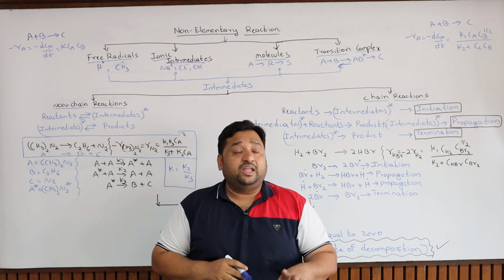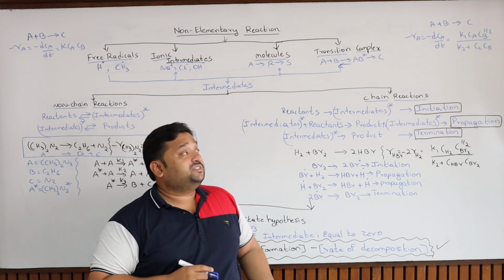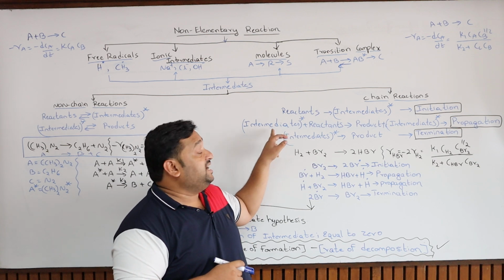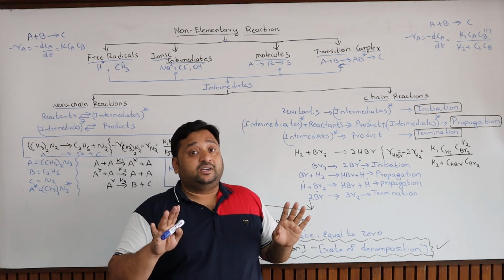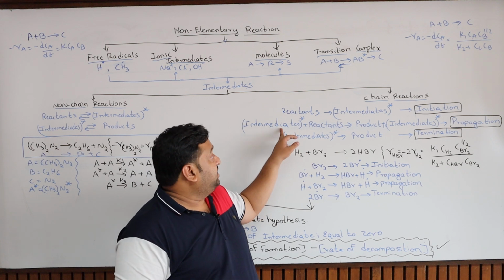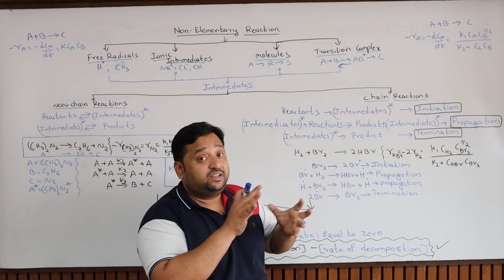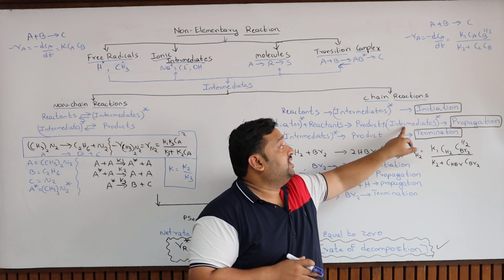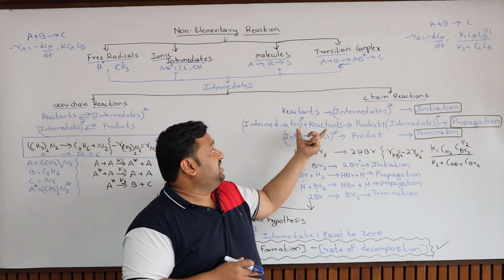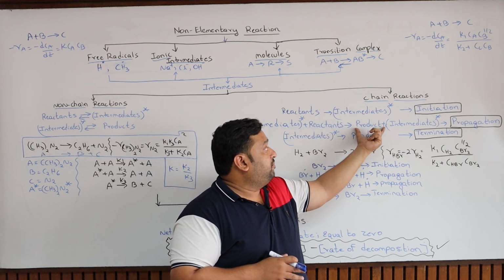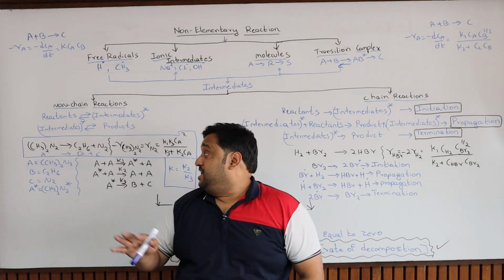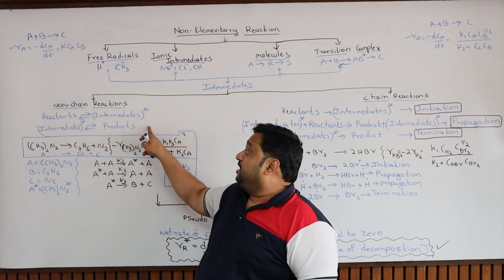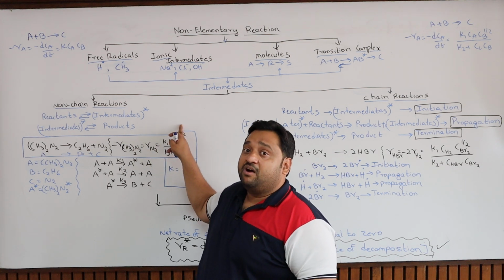The same non-elementary reactions can be chain reactions. What happens with chain reactions? First, the reactants form the intermediates. Then this intermediate cannot directly form the product. This intermediate will again react with reactants and form the product, as well as one more intermediate. In a non-chain reaction, the intermediate directly forms the product, and there is no other intermediate forming after the product.